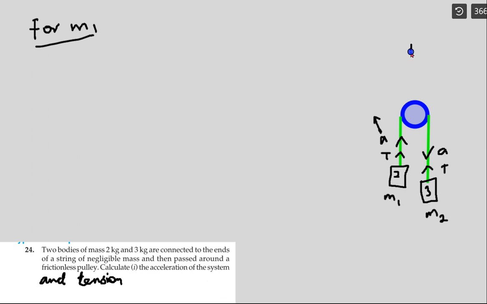Then the upward force, the force with which this body M1 moves upward, will be M A. Force is M A, but the mass is M1, so I'll write F1 equals M1 A.